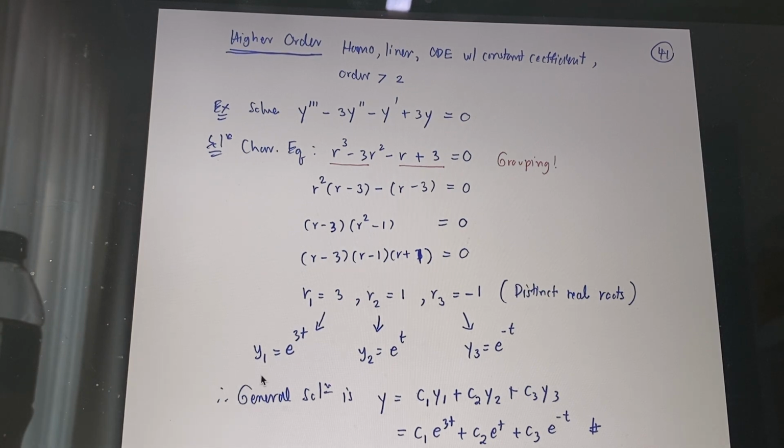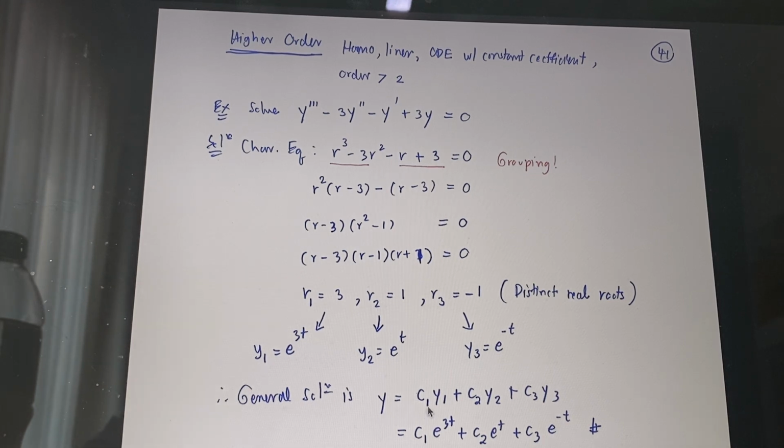So the first solution, y1 equal to e to the r1t, which is e to the 3t. y2 equal to e to the r2t, e to the t. And y3 is e to the r3t, e to the negative t. And don't forget, once you know y1, y2, and y3, you need to write it in terms of the general solution.